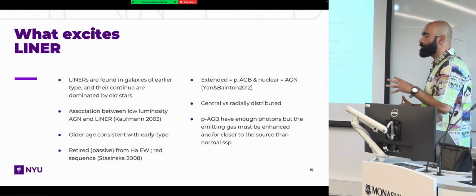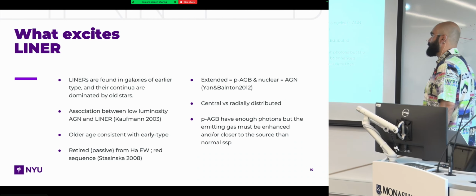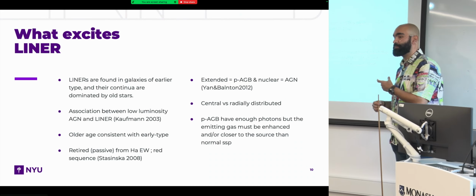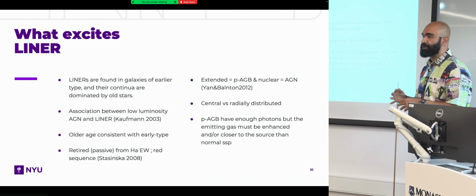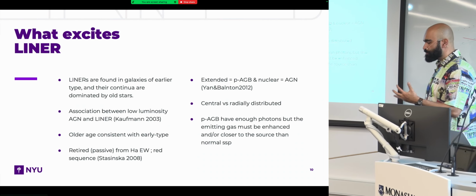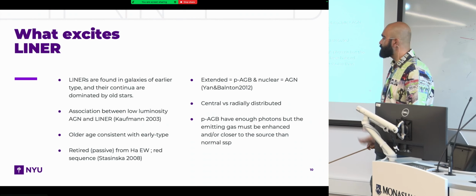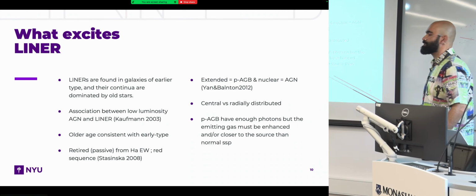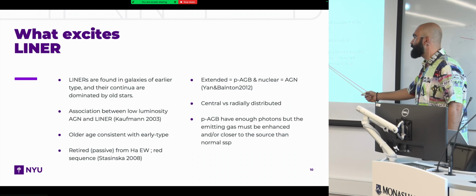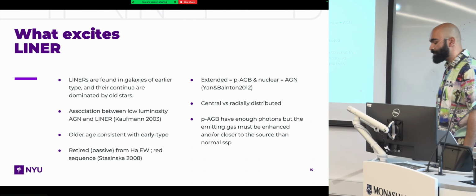Lastly, Yan and Blanton studied the strong line emission ratios that we use in the BPT diagrams as a function of radius, and they looked at their gradients. They created kind of rudimentary toy models to see if this gradient of line ratios can be produced from centralized sources versus radially distributed sources.